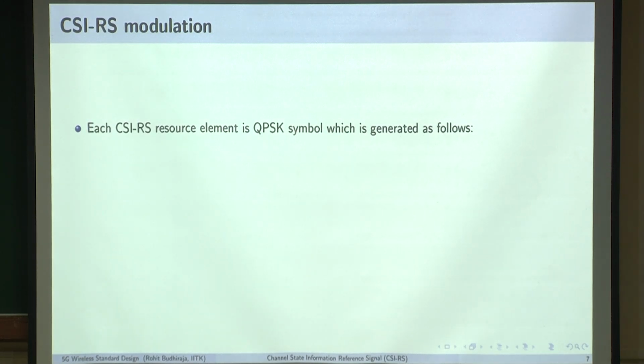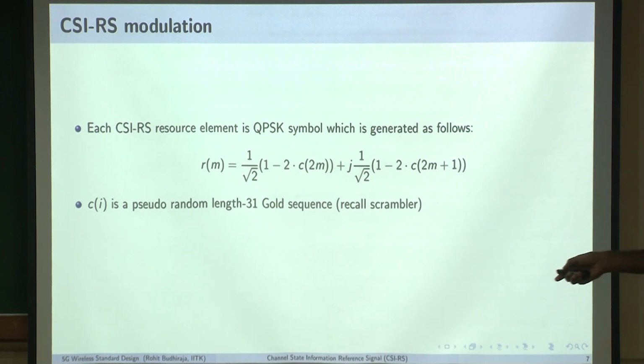Now again CSI-RS, as we understood for SRS, is QPSK modulated. That is what this bullet is telling: each CSI-RS resource element is QPSK modulated, which is generated as follows. This is the formula we saw. What is c? Remember this, the scrambler, a length-31 Gold sequence, we know how it is done.